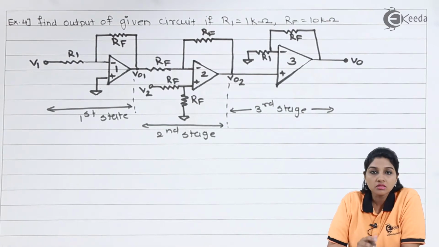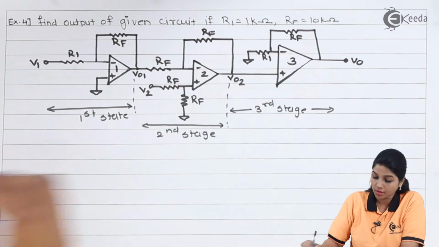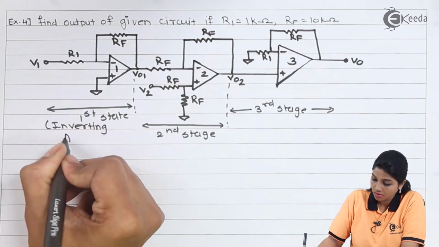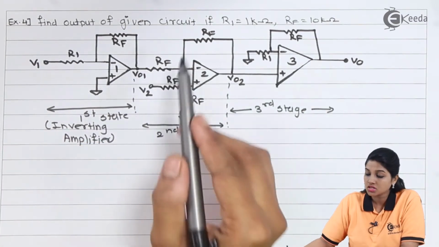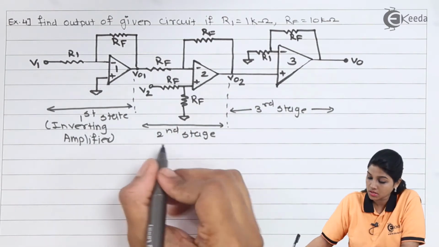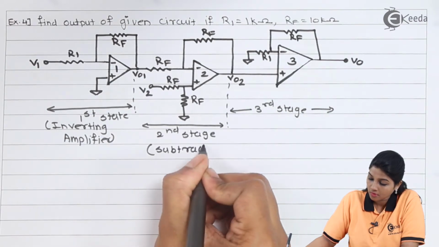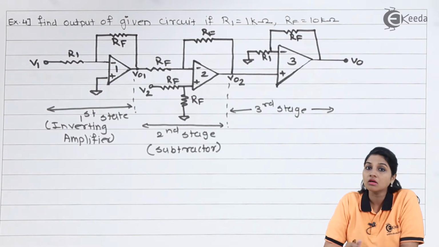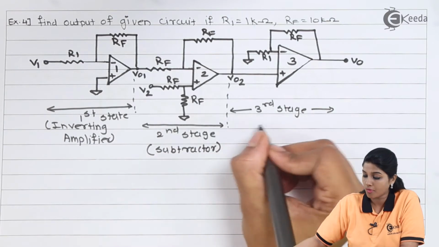Now if we look at the circuit properly, we will come to know that the first stage is nothing but an inverting amplifier. The second stage is nothing but the stage of a subtractor, as the values of RF and R1 remain the same. And the third stage is nothing but a non-inverting amplifier, as VO2 is applied to the non-inverting terminal of the op-amp.